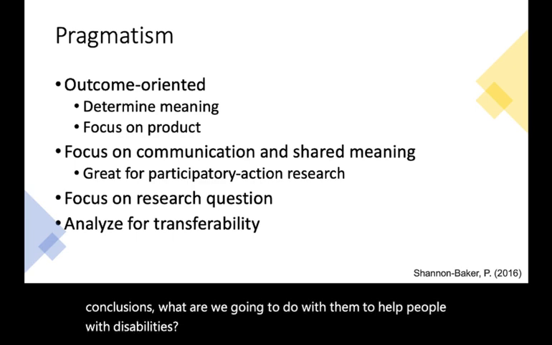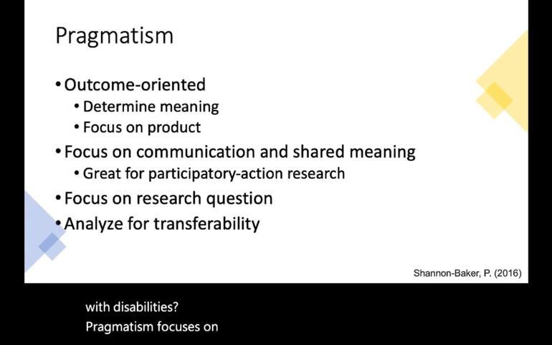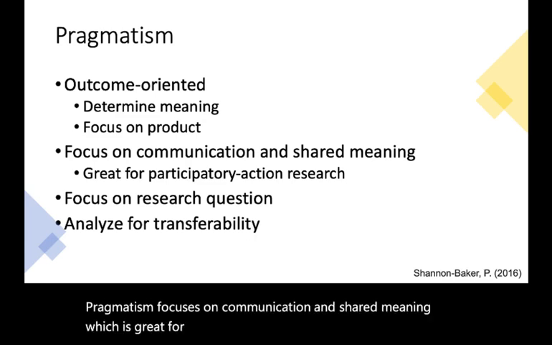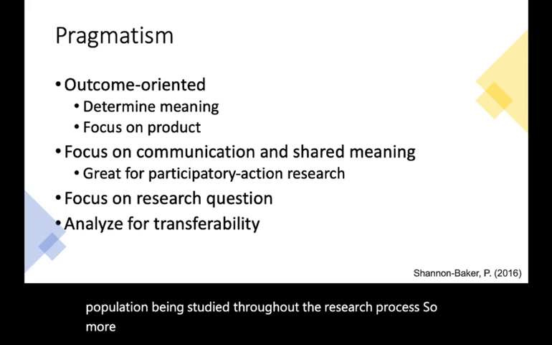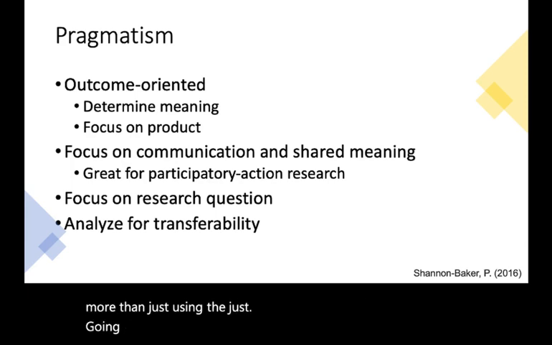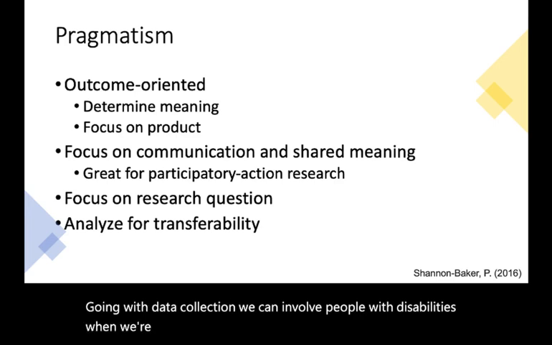Pragmatism focuses on communication and shared meaning, which is great for participatory action research, which involves the population being studied throughout the research process. So more than just going with data collection, we can involve people with disabilities when we're developing instruments that are going to be used.